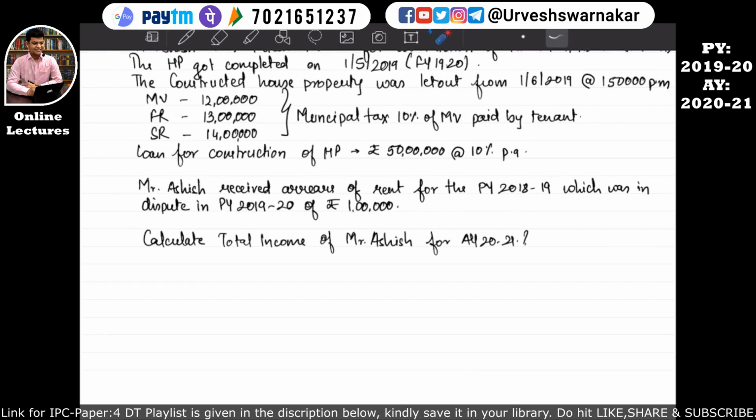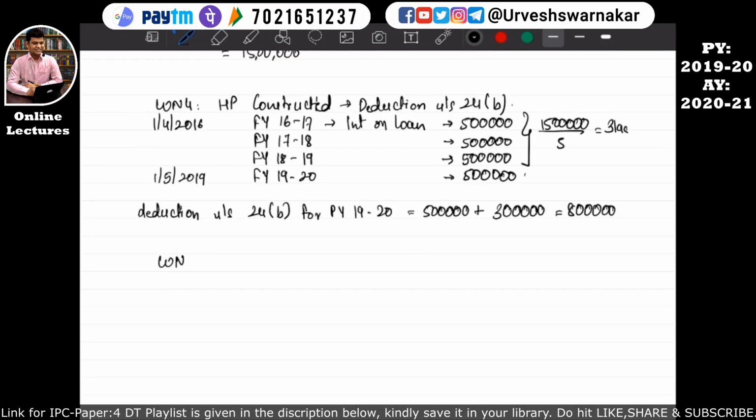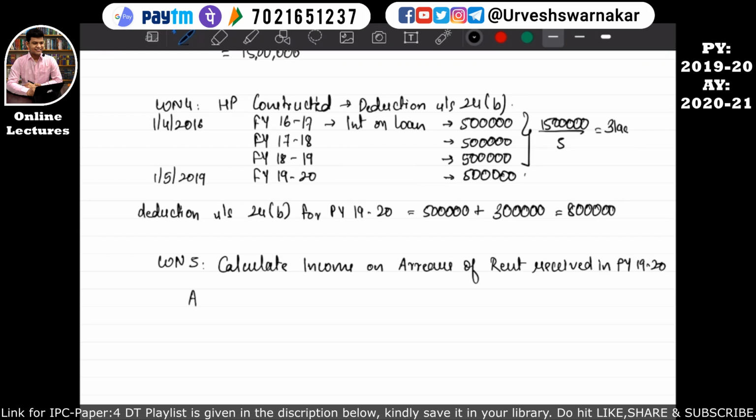Okay, so here I'll write working note number 5. In working note number 5 we will calculate income on arrears of rent received in previous year 19-20. So in the previous year, arrears of rent received is 1 lakh.